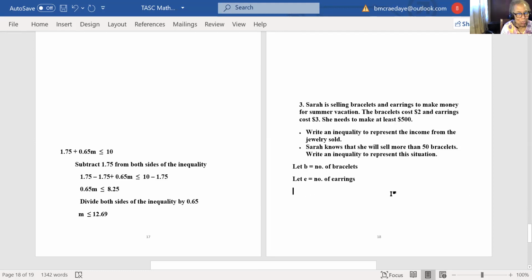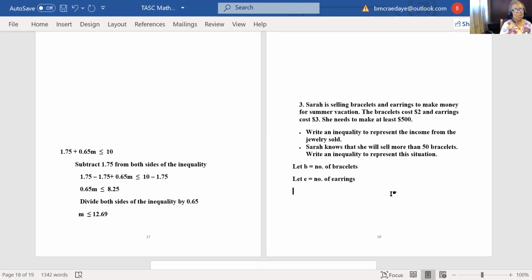The bracelets cost $2, earrings cost $3. So you can write the bracelets for $2. I just can't remember how to write it. Okay, you've got to put the number of bracelets and the number of earrings.